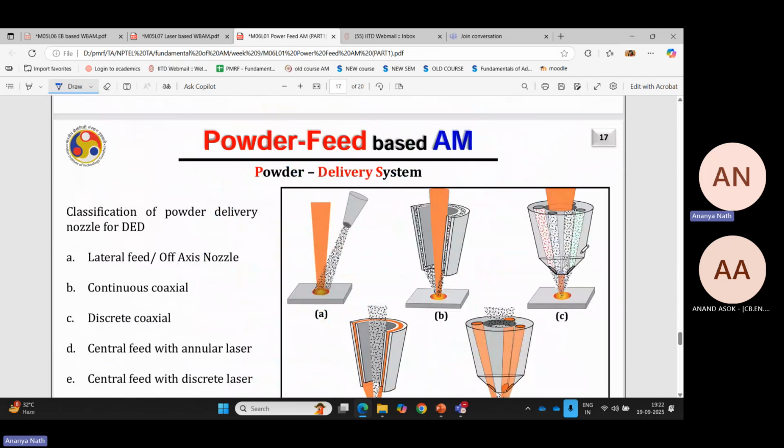Now, as I'm talking about powders, these powders will have a size distribution as well. It's not a very fine powder, it's not a very coarse powder, but they have a very specific size distribution. So the powders will have 45 to 120 micron.